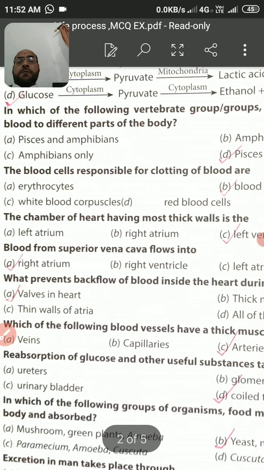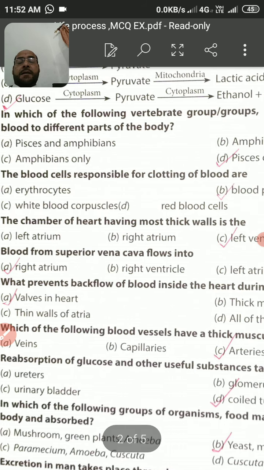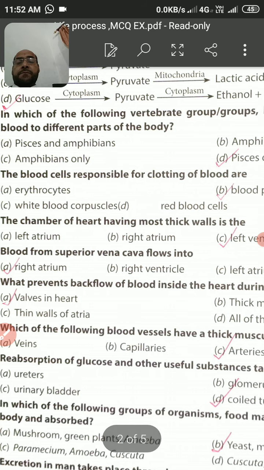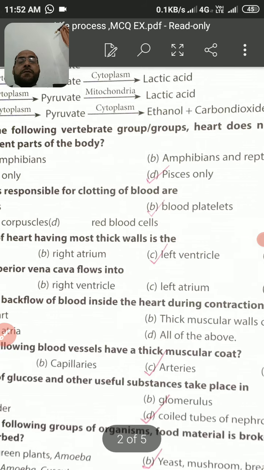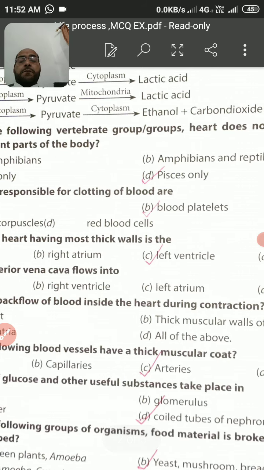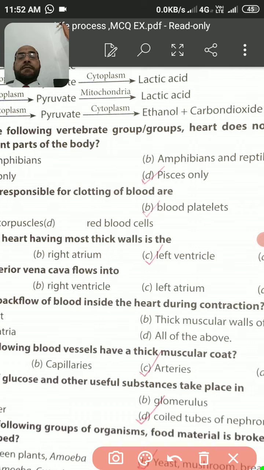But you have to note that the amphibians and reptiles have the 3-chambered heart. So there will be the supply of the oxygenated blood to different parts of the body by the ventricle itself. While in the pisces there are only 2 chambers. So the pisces do not supply oxygenated blood from the heart to all parts of the body.